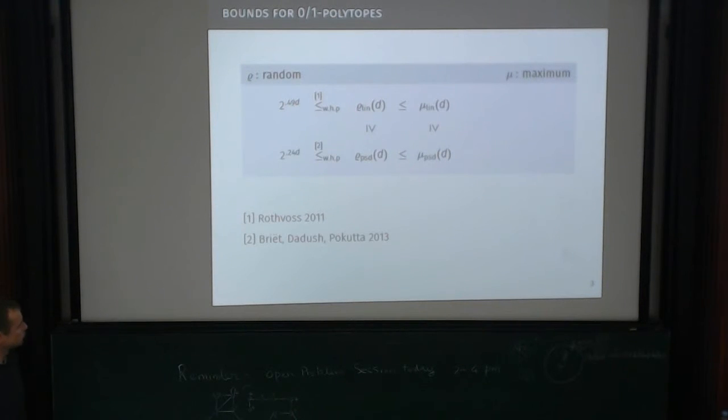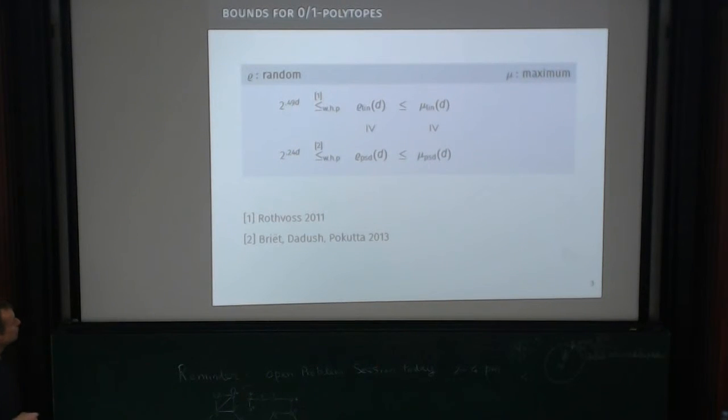And Briët, Dadush, Pokutta showed in 2013, James was mentioning this result for different reasons, that a similar statement holds for the PSD extension complexity of a random 0,1 polytope. Only thing is that the lower bound is now 2 to the 0.24 times d, or anything less than 1/4 in front of the d. Again, with very high probability.